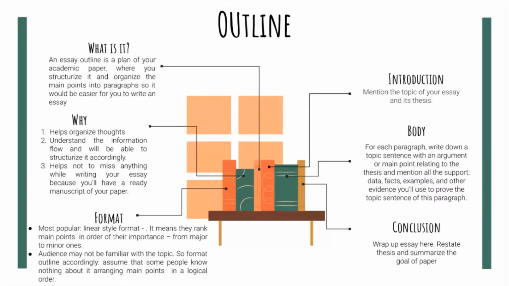Okay, so after we've analyzed our audience and we have a developed topic, we need to write an outline, which is basically just the plan of your writing material, your paper, where you structure it and organize your main points. And you do this because, one, it helps organize thoughts.